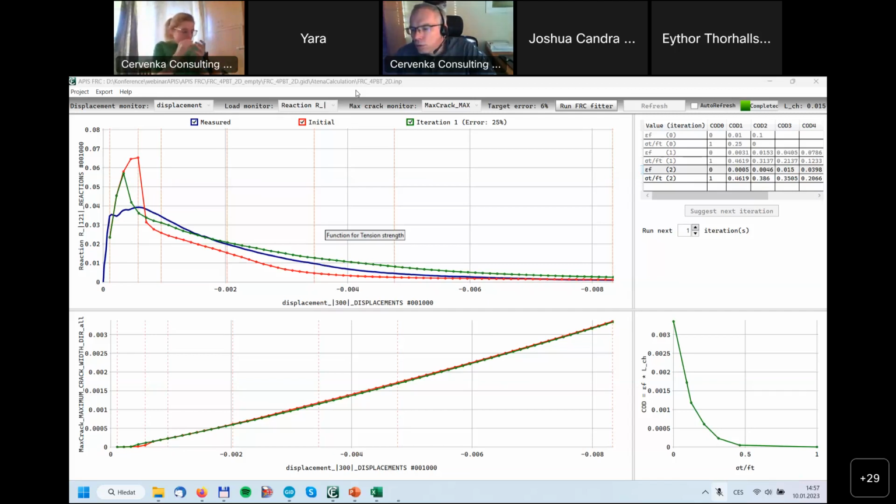Yes, you need to have both because this program needs to have the F displacement relationship. Yes, so technically you should have both when the program is run.